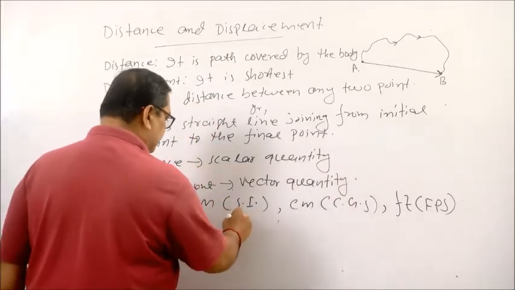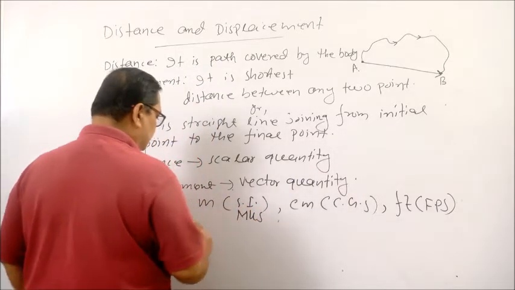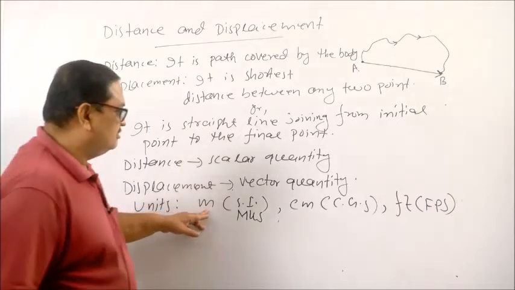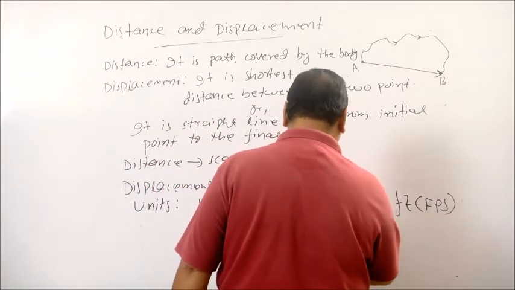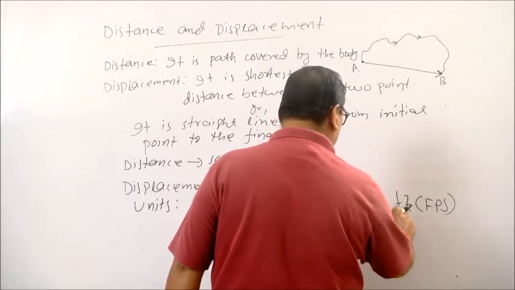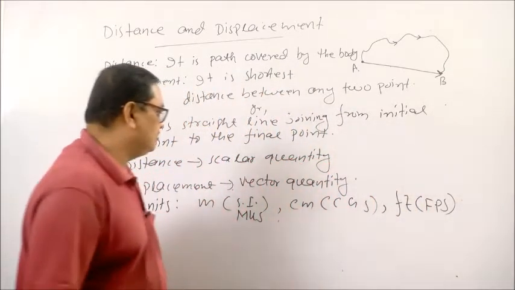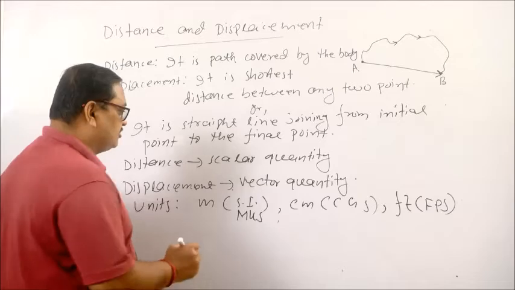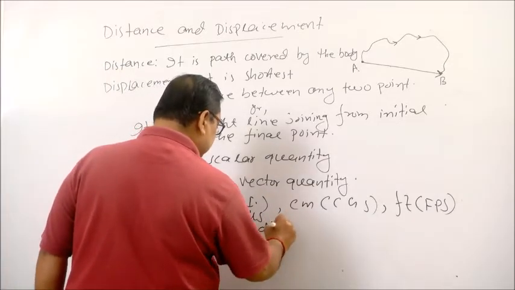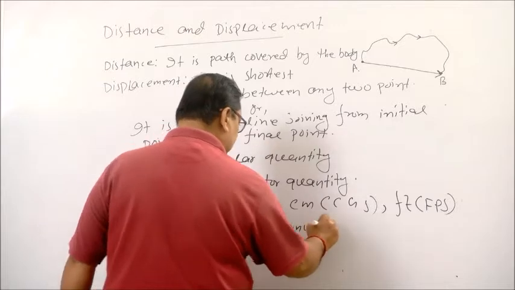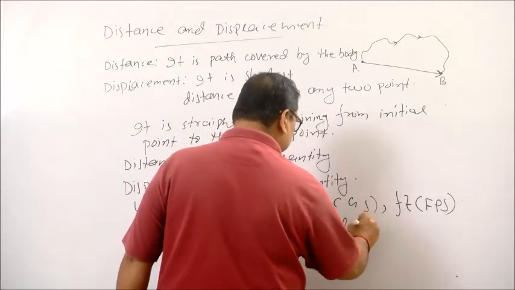MKS SI in both system, unit is meter, and here centimeter CGS, and foot in FPS system, British system. For distance as well as displacement.